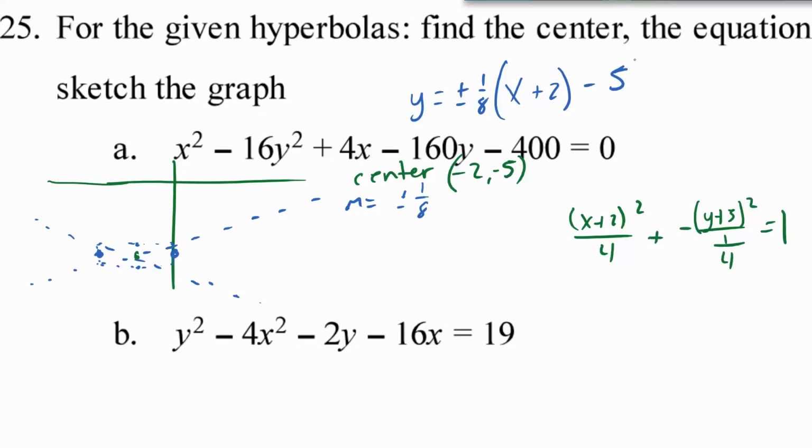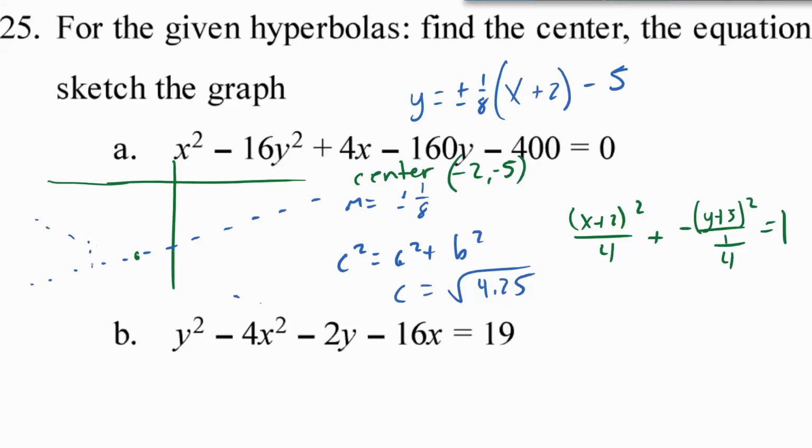Coordinates of the foci, that's going to be our c squared equals a squared plus b squared. This is a squared, this is b squared. So c is going to be square root of 4.25. And those are going to be right, because it's a positive x value, those are going to be right here and right here in the x direction.